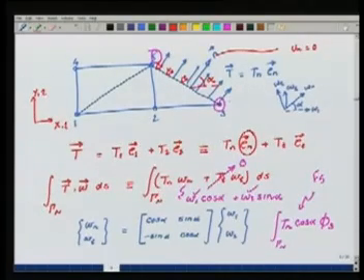Alpha 5 phi 3 cosine alpha plus alpha 9 phi 5 cosine alpha plus alpha 6 phi 3 sin alpha plus alpha 10 phi 5 sin alpha is equal to 0.